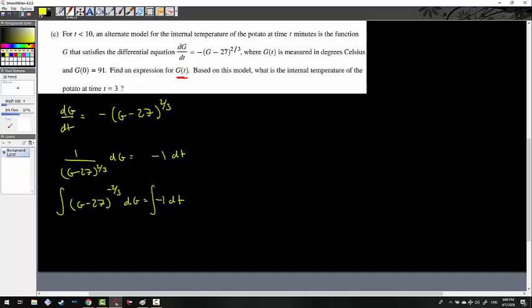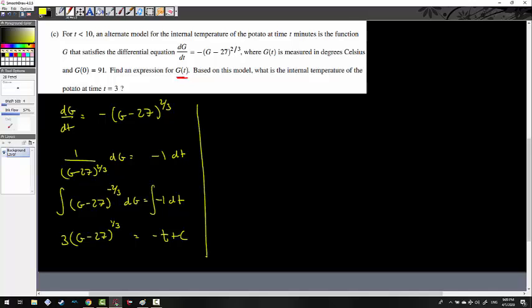Integrate on both sides. Looks like I'm going to get (g minus 27), my apologies, to the 1/3 times 3 is equal to negative t plus c. Now, nothing weird is happening here, so it's not like I have an absolute value with an ln or anything like that. So at this point, I think solving for c right away might not be a bad idea.